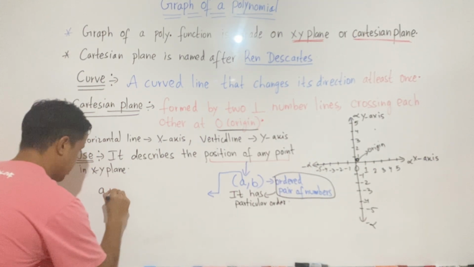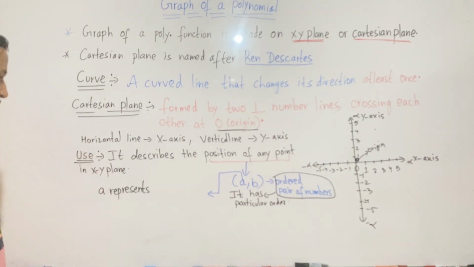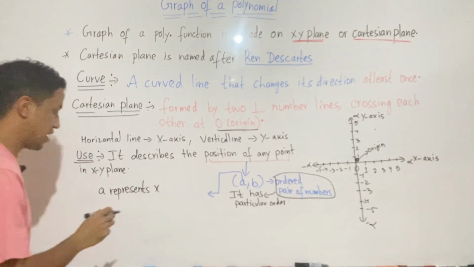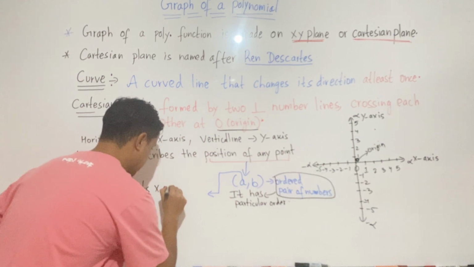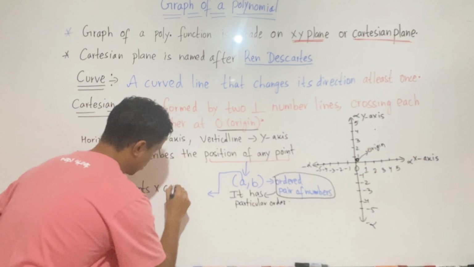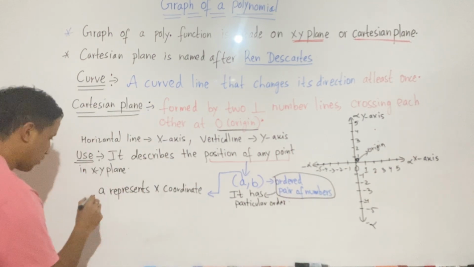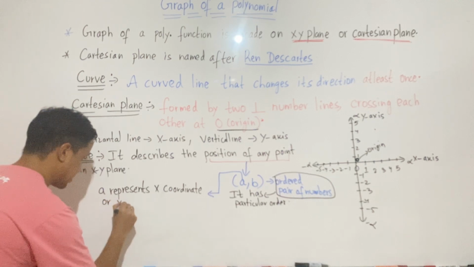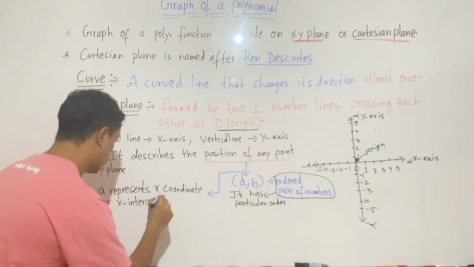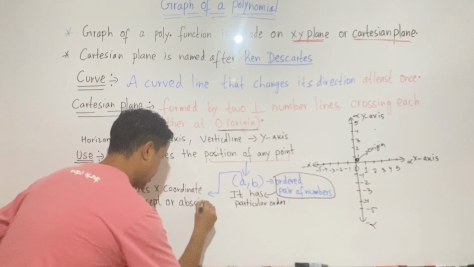A represents the x coordinate, or x-intercept, or abscissa.